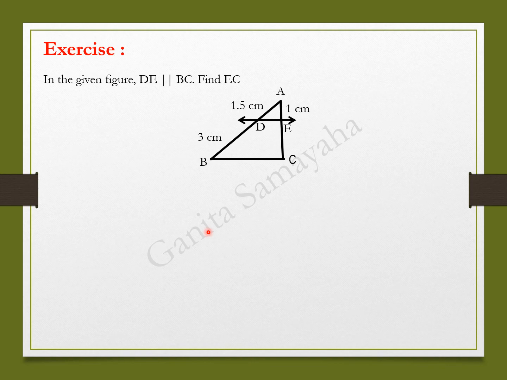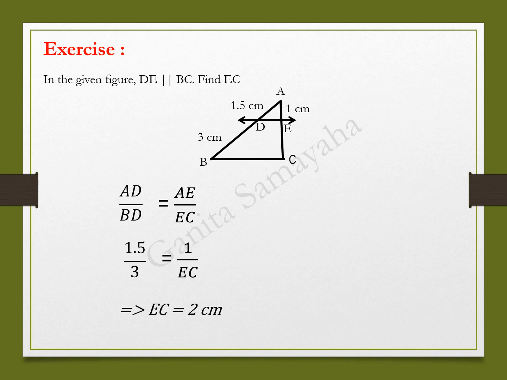Directly we can write because of our basic proportionality theorem. Isn't it, children? Okay. So we have AD by BD equal to AE by EC. We know all parameters. We substitute and we get EC equal to 2 centimeter. Very simple, isn't it? So henceforth you can start doing the problems using BPT.